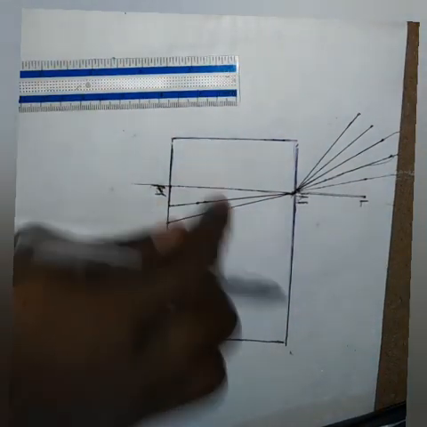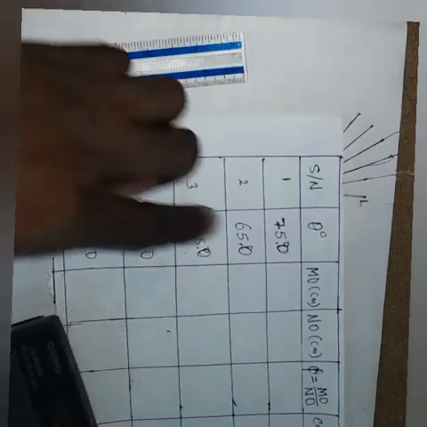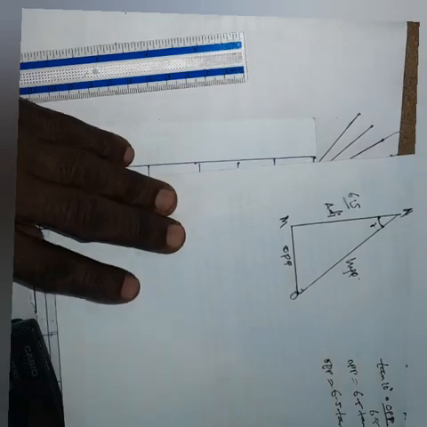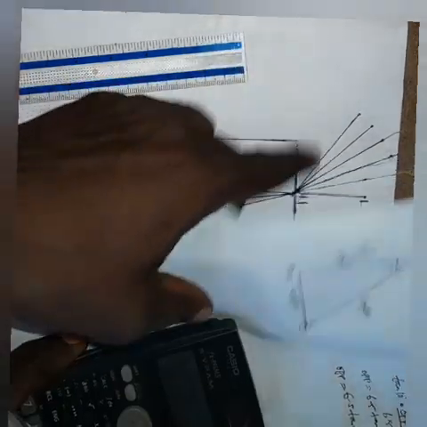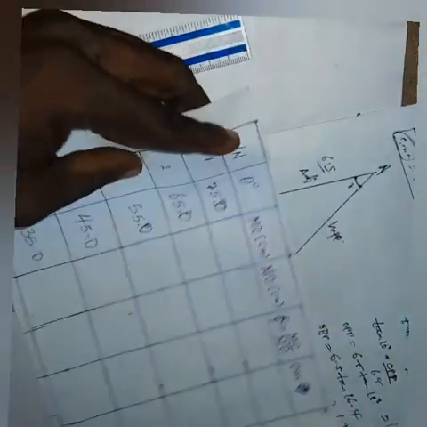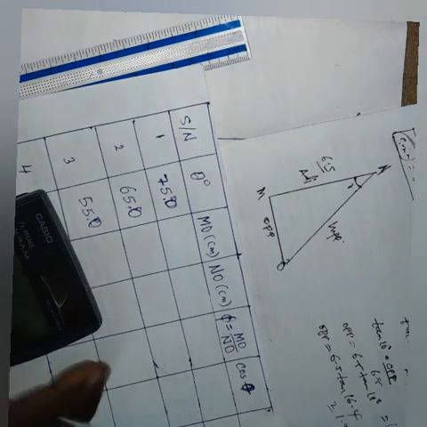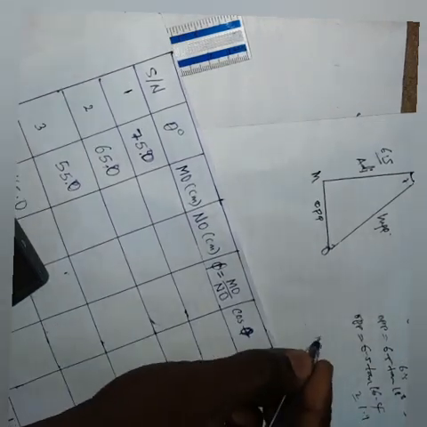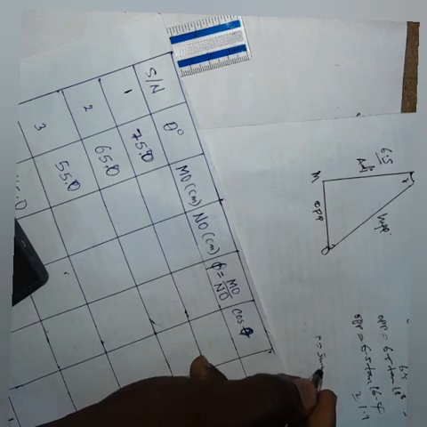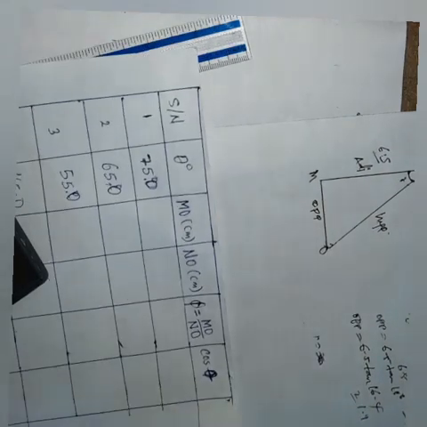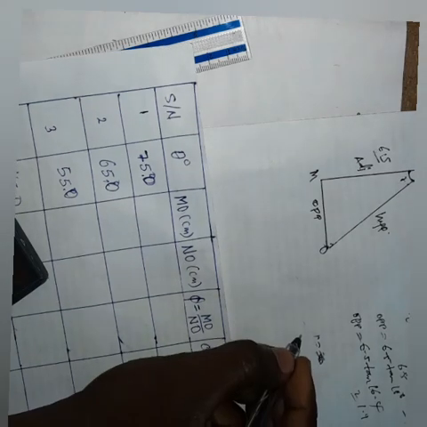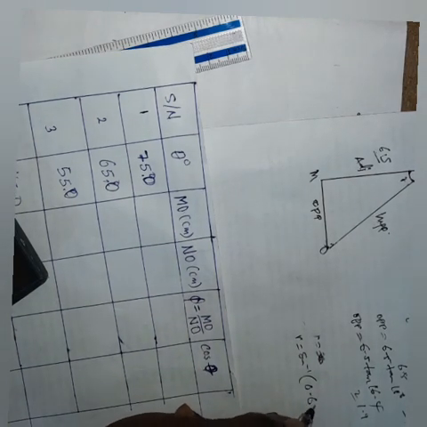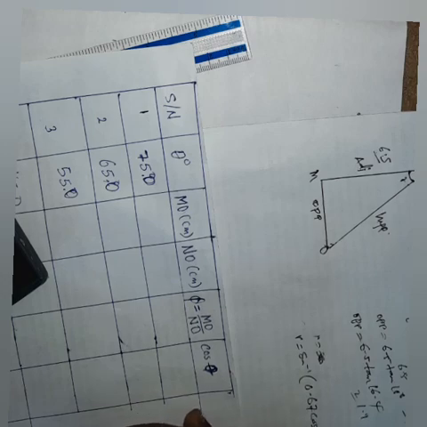Now, let me go to the next angle. We have done 75 and 65 using both methods. Now let me go to 55 degrees. To get 55 degrees, first of all, I'm going to use R equals arc sine 0.67 cos 55 degrees.